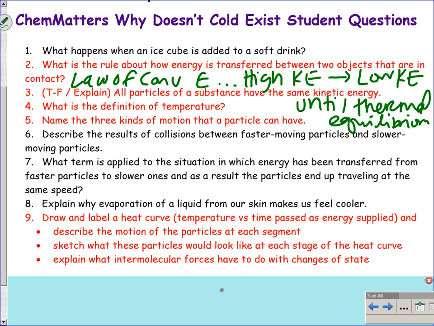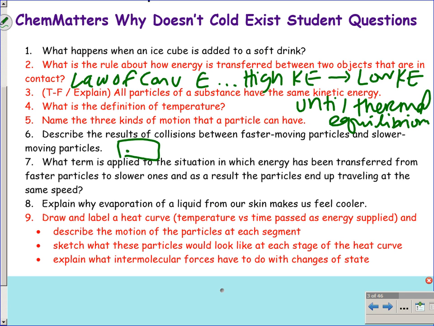Okay, all particles have the same kinetic energy. Yay or nay? I need a survey now. Yay or nay? Oh, overwhelming nay. Okay, all particles have the same kinetic energy. We kind of saw this in our gas law stuff. Let me draw this picture right here.